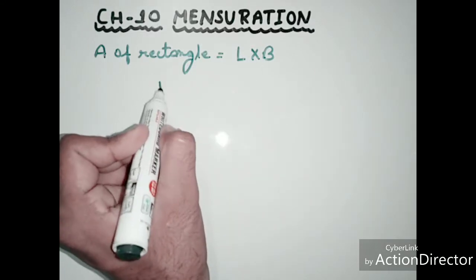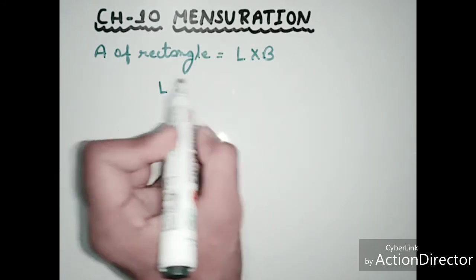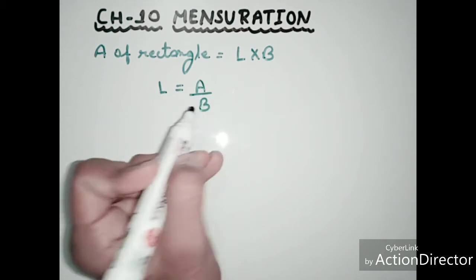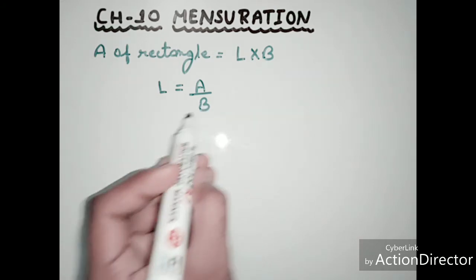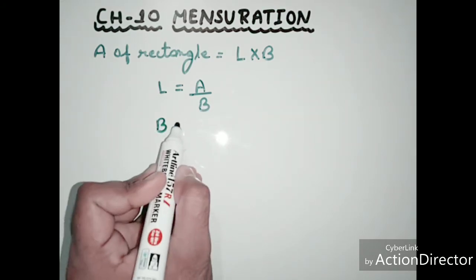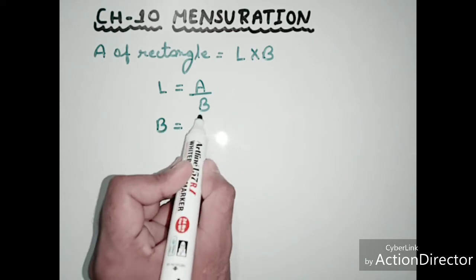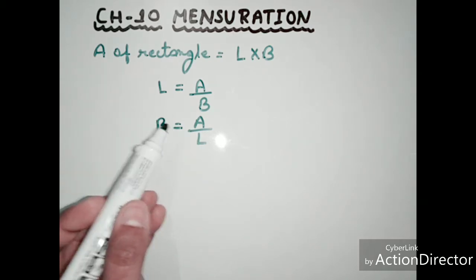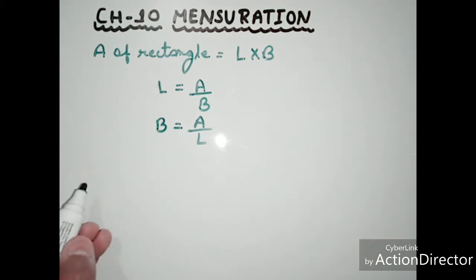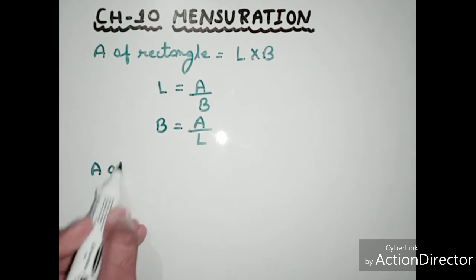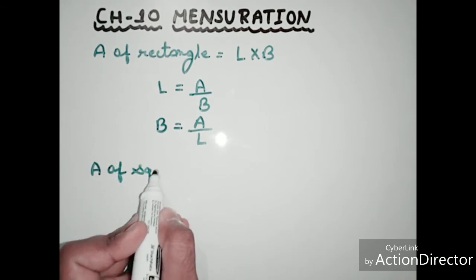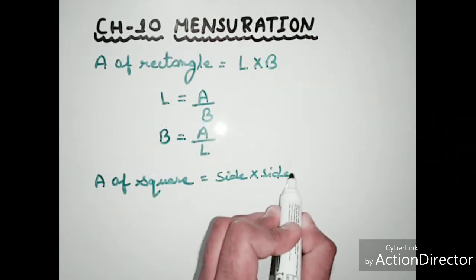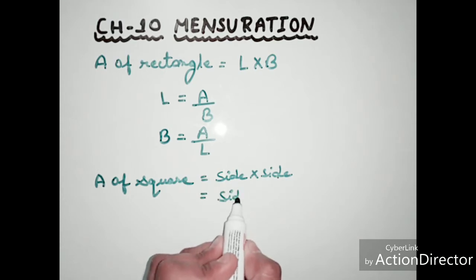If we find length, the formula is L equals A upon B, area upon breadth, and if we find breadth, the formula is breadth equals area upon length. These formulas are related to the rectangle. And the area of a square equals side into side, or side square.